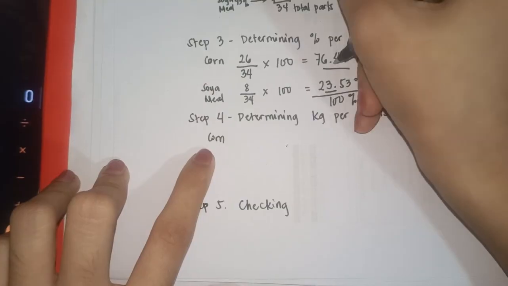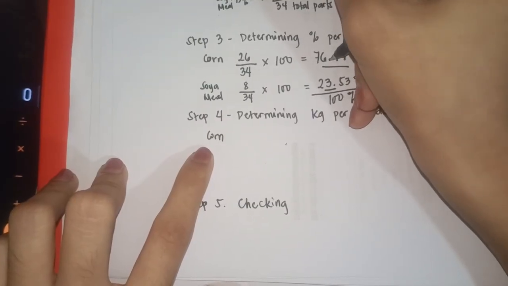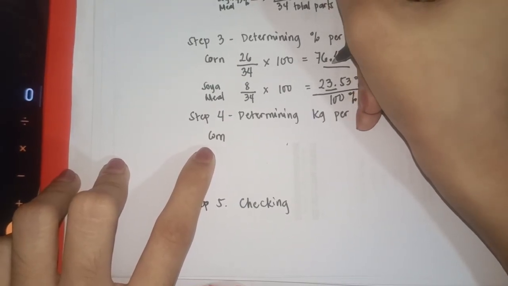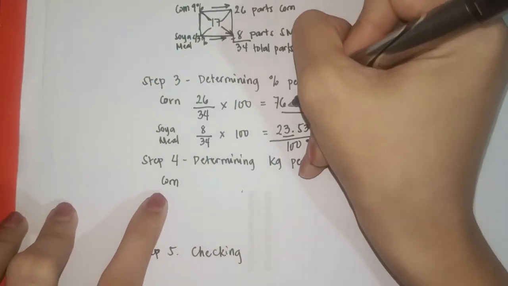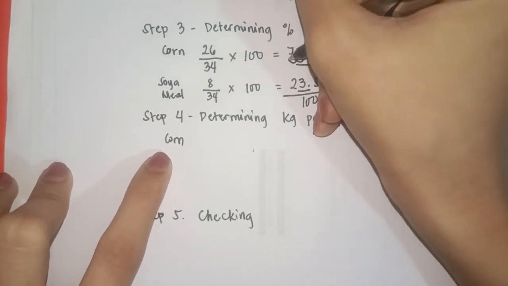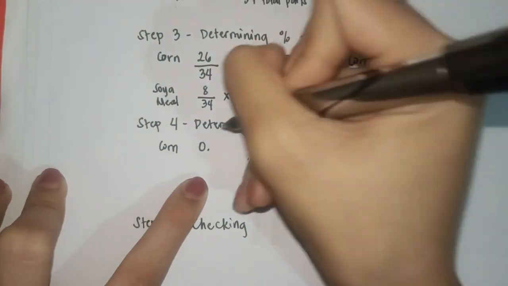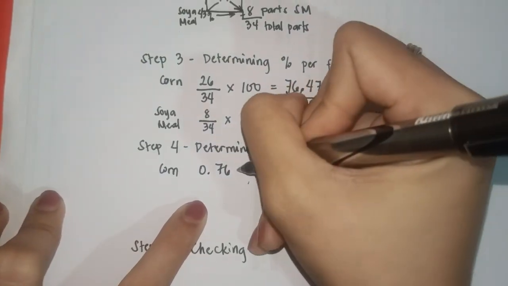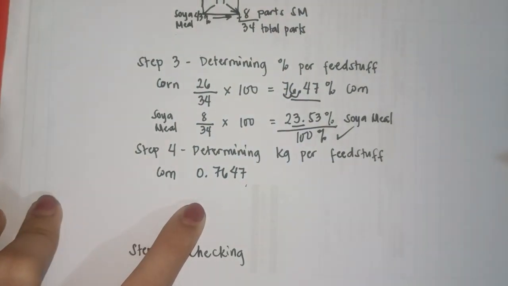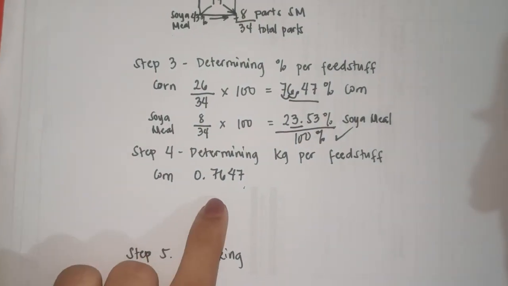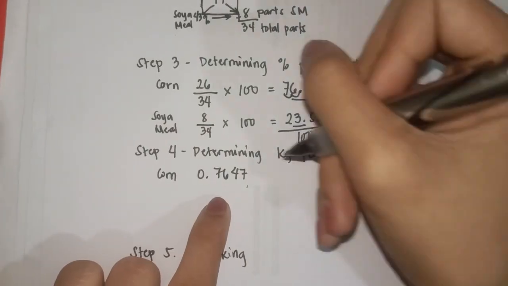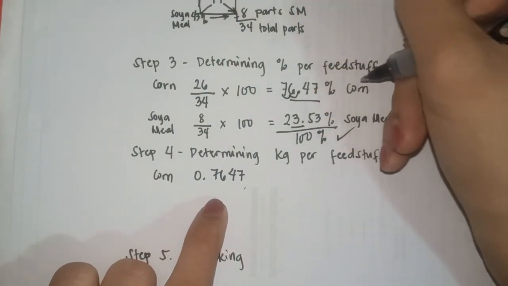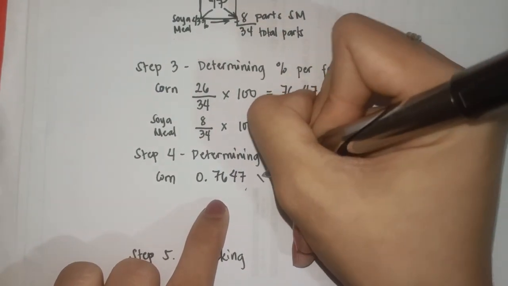So all you have to do is to move the decimal point two places. So if you put it here, it becomes 0.7647. Okay, so that is the decimal conversion of the percentage for corn.